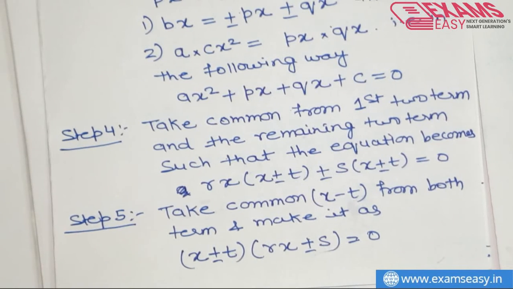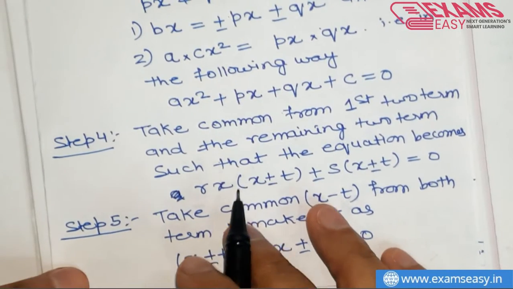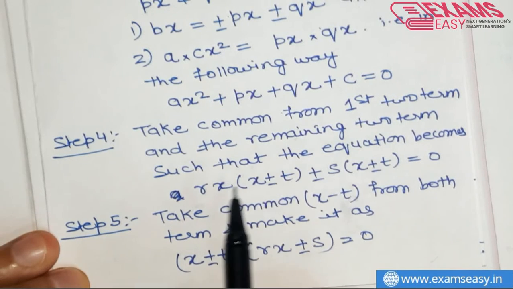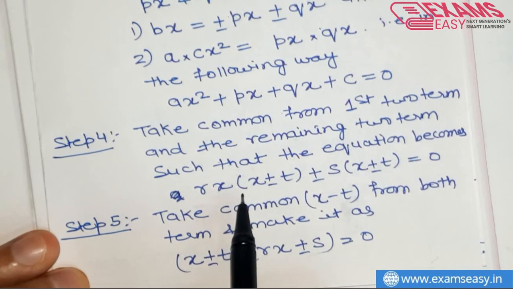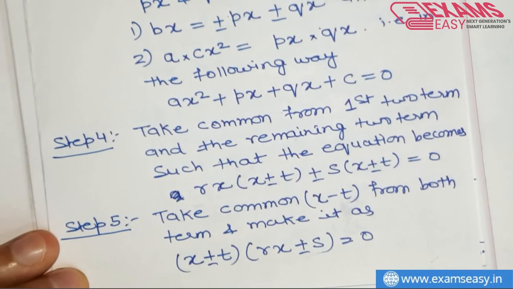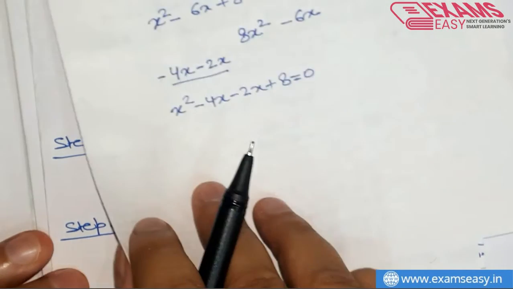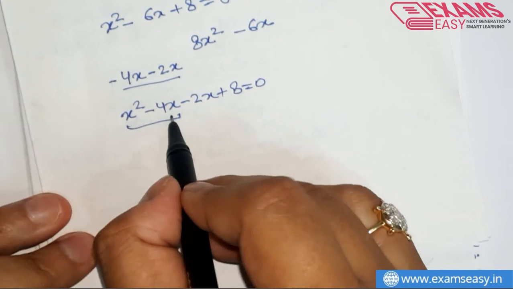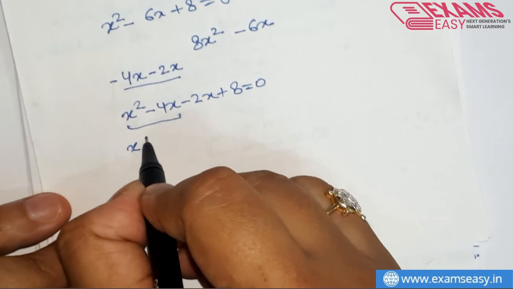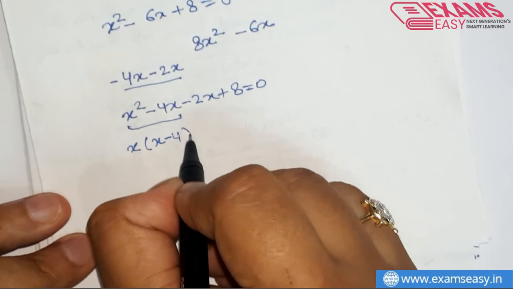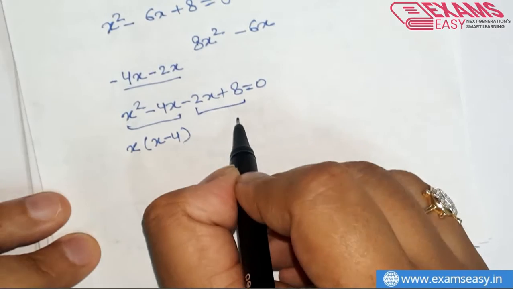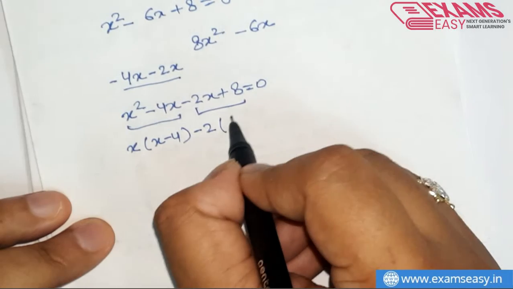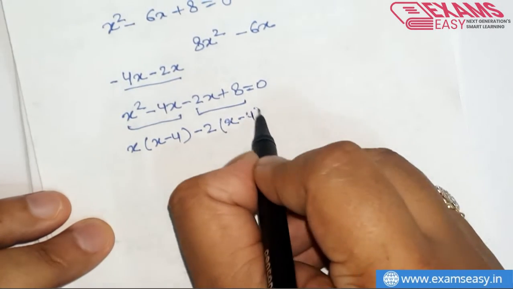After completing step 3, we have to move to step 4, which is nothing but taking common from the first two terms and the remaining two terms in such a way that it will become in this form. So let us see with the previous example how we should do it. In the first two terms we can take x as common, then we can write within bracket x minus 4, and in this term we can take minus 2 as common, and within bracket it will become x minus 4.